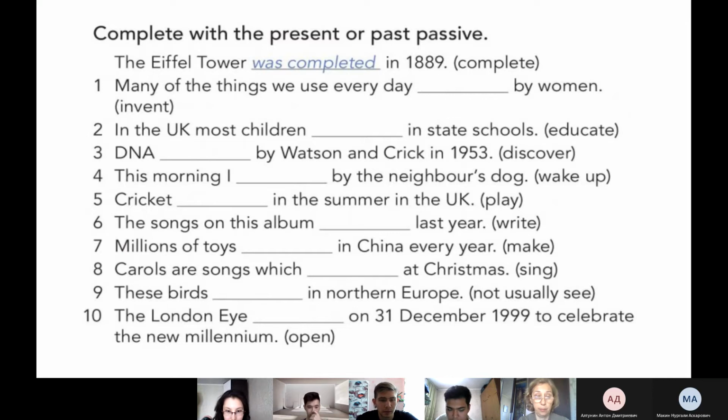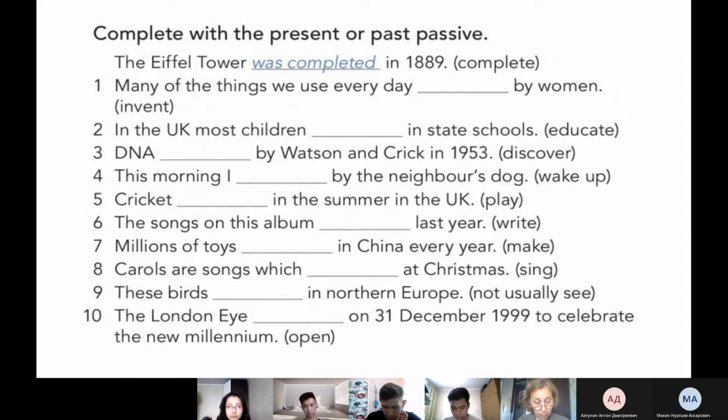The birds are not usually seen in Northern Europe. Так, третья форма глагола see, как звучит? See, saw, seen. These birds aren't usually seen in Northern Europe. Этих птичек обычно нельзя увидеть на севере Европы.